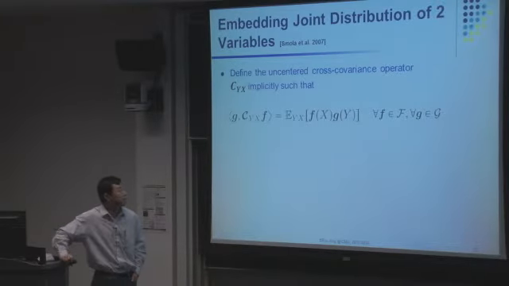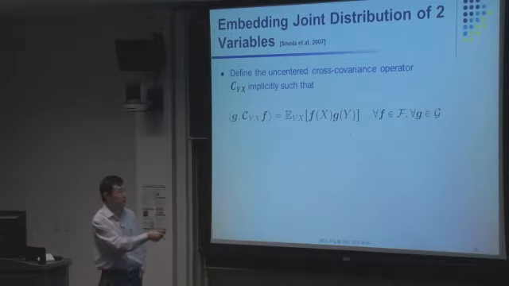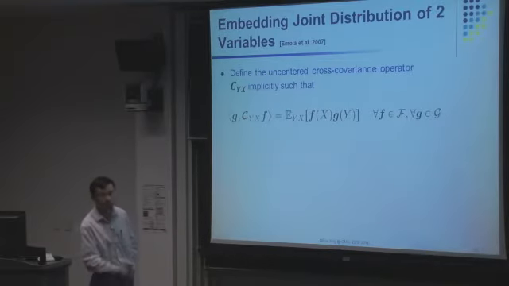So that's basically what we call a cross covariance operator. It actually gets you a linear operation when you are computing the cross covariance, originally using integration in the data space.